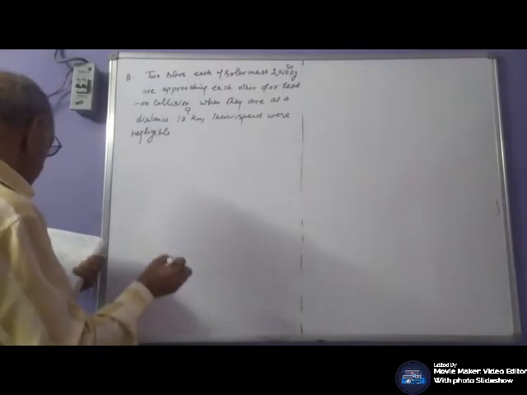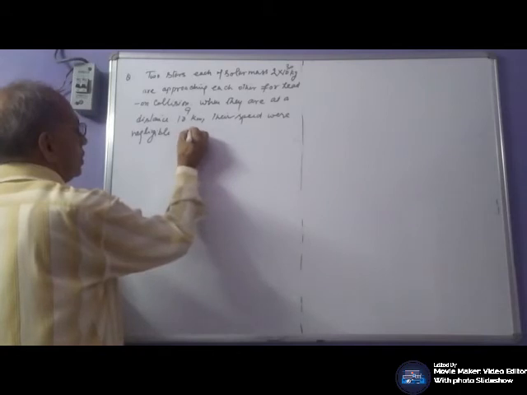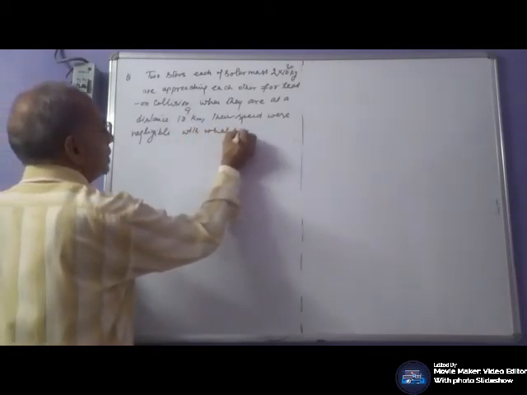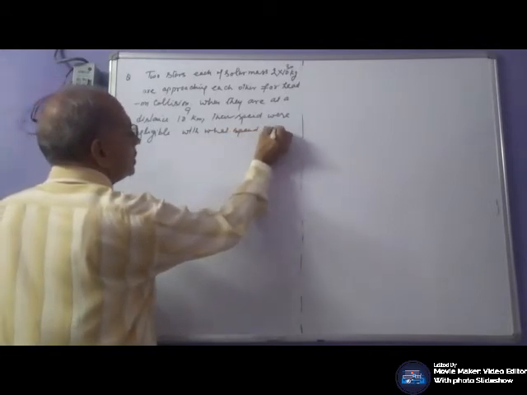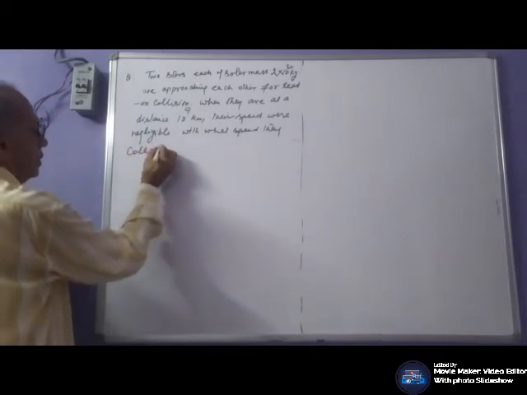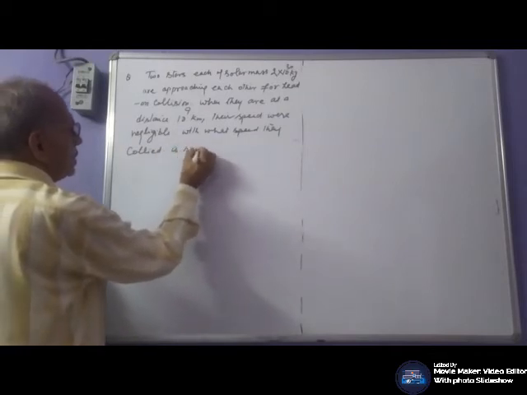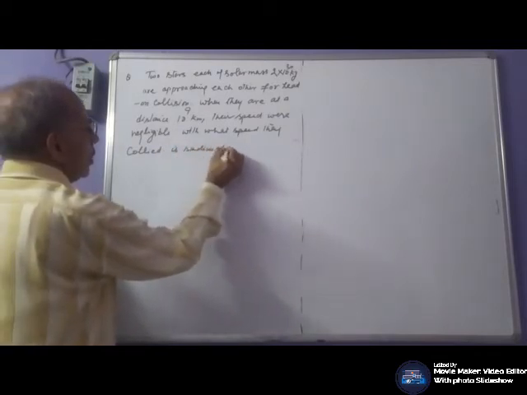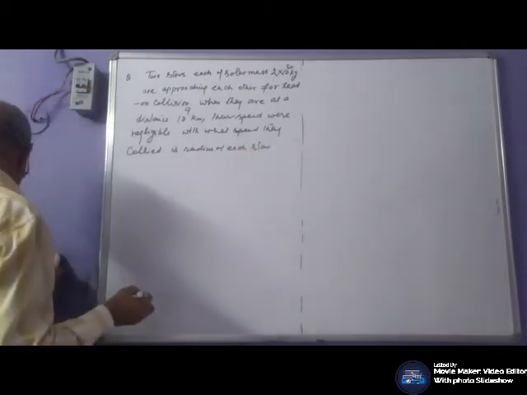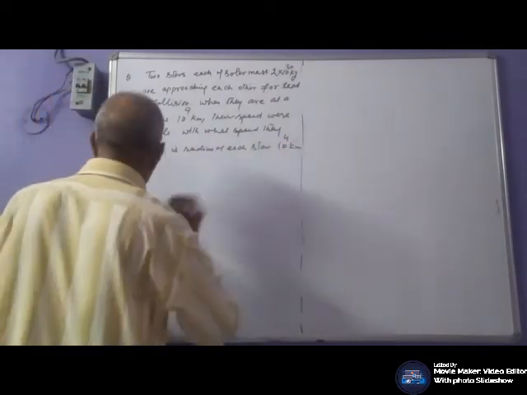With what speed do they collide if the radius of each star is 10 raised to power 4 kilometer?